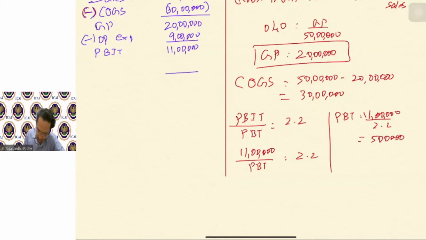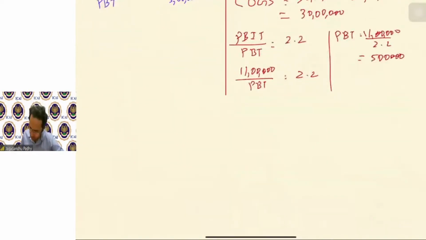So, of course, if your PBT is 5 lakh, you can definitely say the interest will be profit before interest and tax minus profit before tax. Profit before interest and tax is 11 lakh minus PBT of 5 lakh.